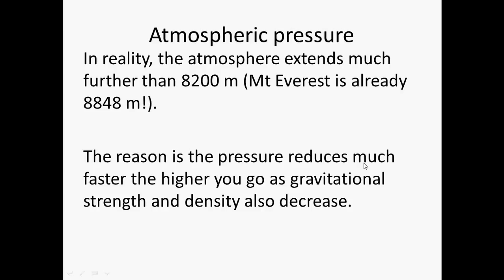So the reduction in atmospheric pressure is much faster. Because we need to have the same pressure acting on us, the atmosphere is actually stretched much further and much thinner, causing the atmosphere to be much higher than 8,200 meters.